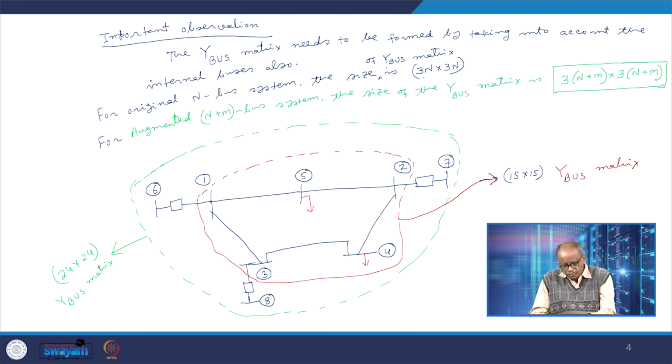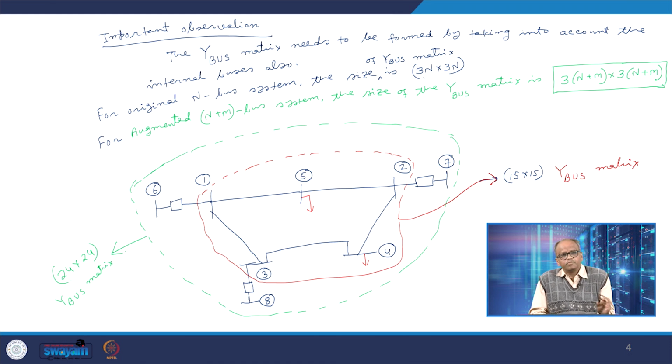power. For example, in this case, for buses 4 and 5 there are loads connected, so for every phase I know the injected real and reactive power. And for buses 1, 2 and 3, originally there were generators connected, but now we have shifted the generators from buses 1, 2, 3 to buses 6, 7, 8 respectively, that is, we have shifted the generators to the internal buses.